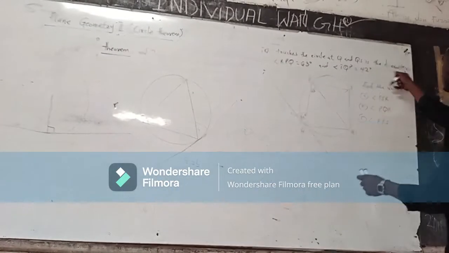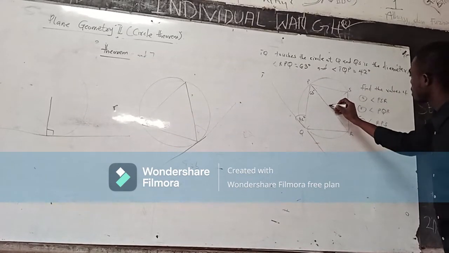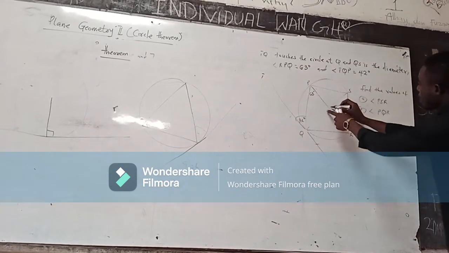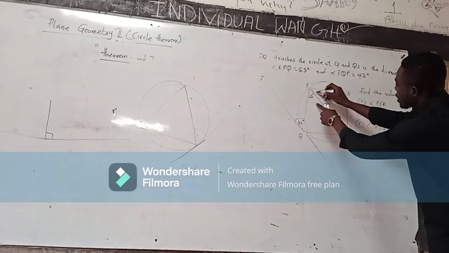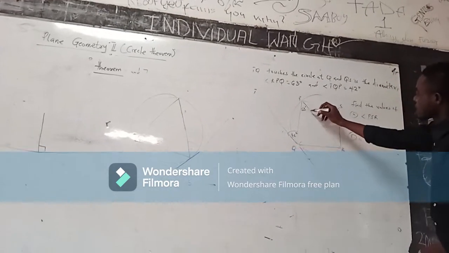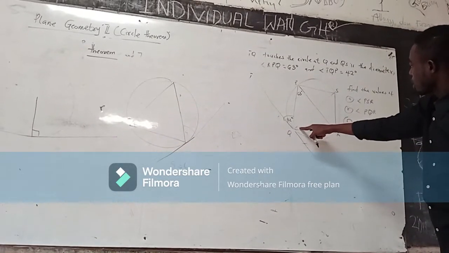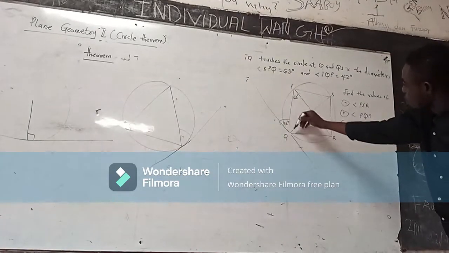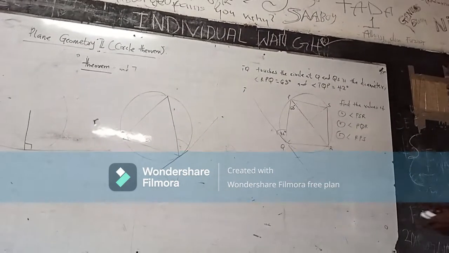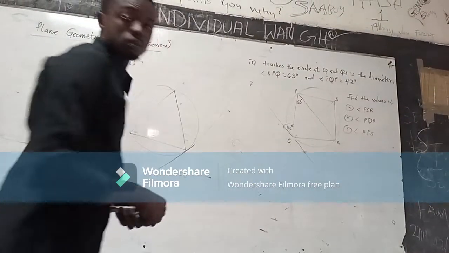The question says QX is a diameter, it means that this line is a diameter. The angle opposite to the diameter is 90. So when you subtract this one, you get it. The angle that you get, you just add to this one. Once they are forming this, you subtract from 180 and you get your answer. So let's start from the first one.